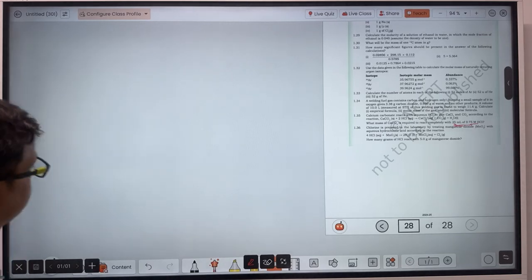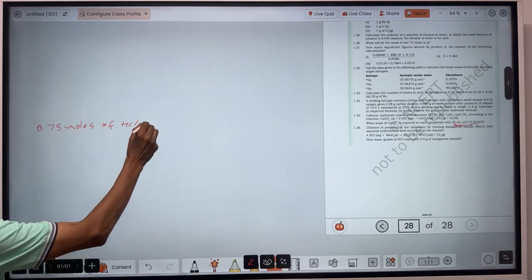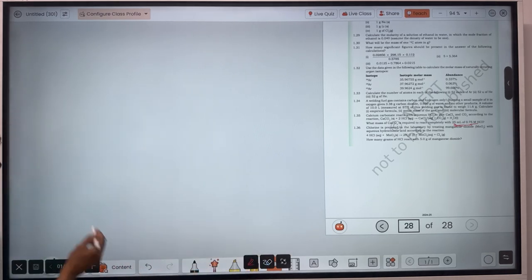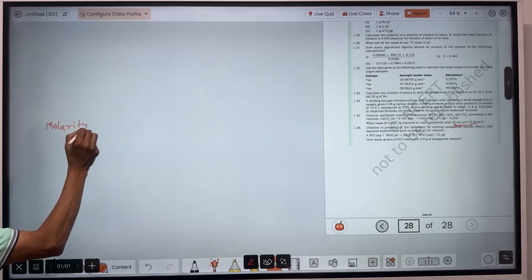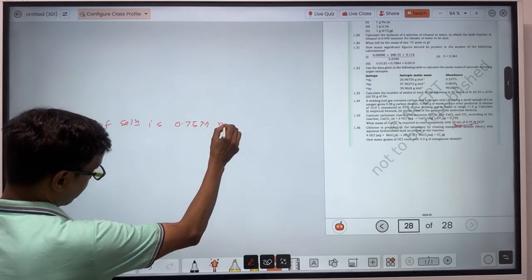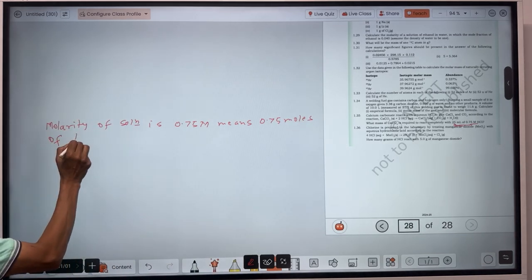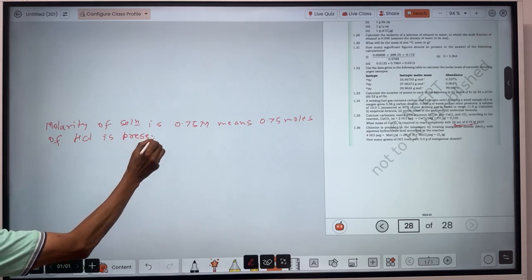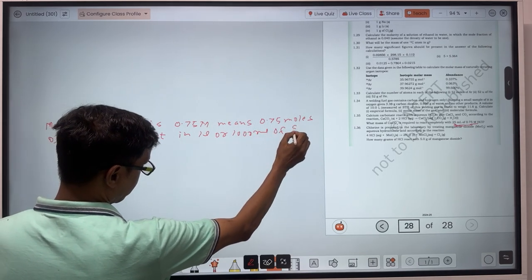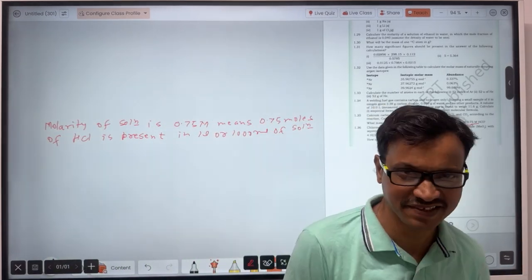So that means here, when volume is 1000 milliliter, then number of moles is 0.75.